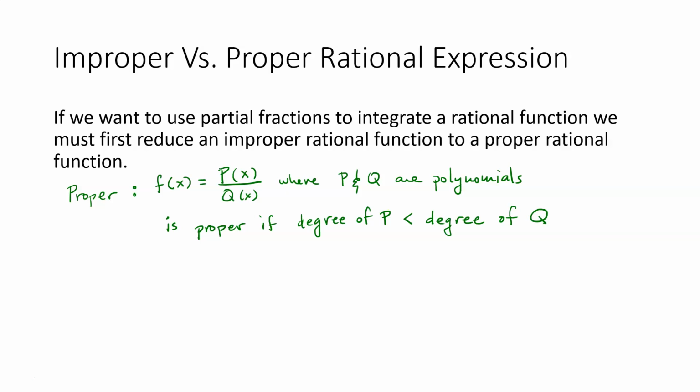So if the degree of the polynomial in the numerator is less than the degree of the polynomial in the denominator, then we say it's a proper rational function.